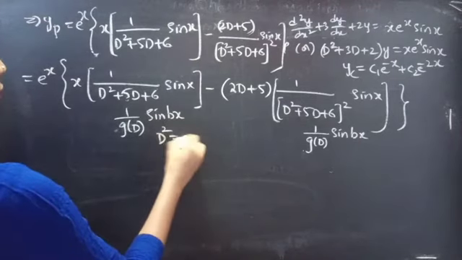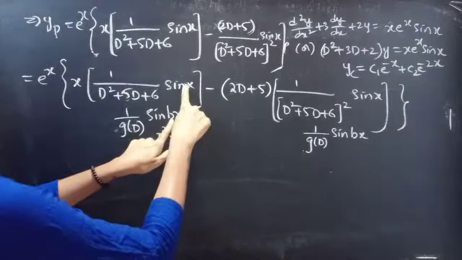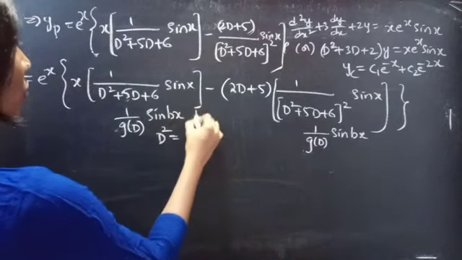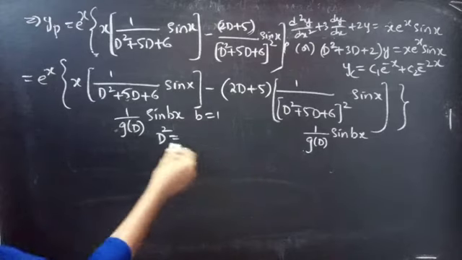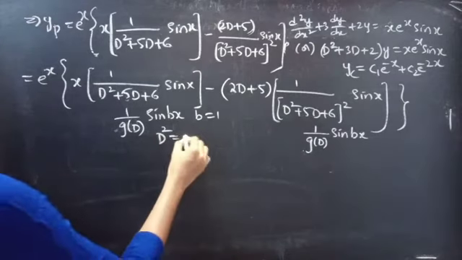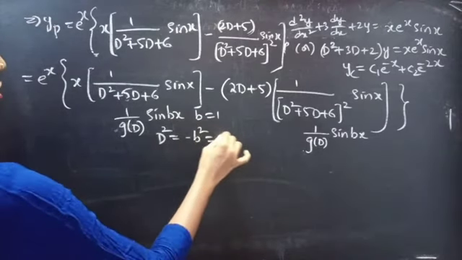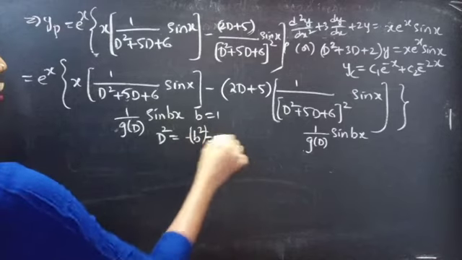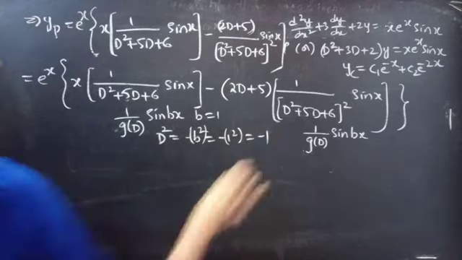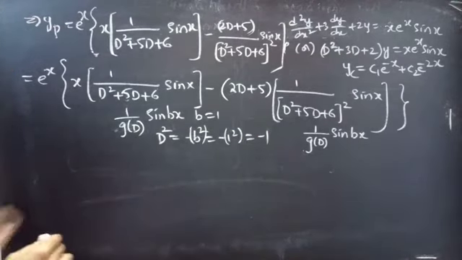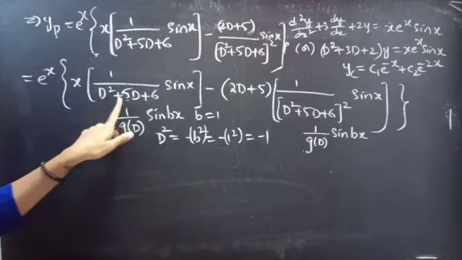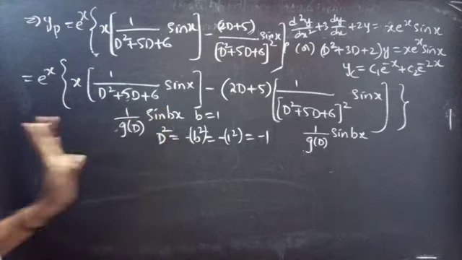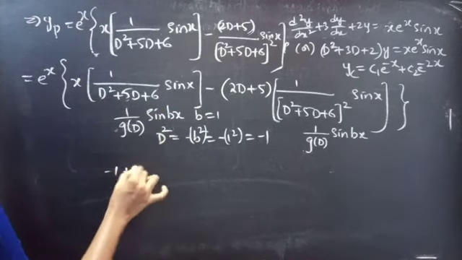Just compare b with 1, we'll get b equals 1, right? Compare sin x with sin bx, so we'll get b equals 1. Then we can find D square, which is given by minus b square, which is equals to minus 1 square, which is minus 1, right? Now what happens if we replace D square with this minus 1 in the denominator? We'll get minus 1 plus 5D plus 6, which is a non-zero term, right?